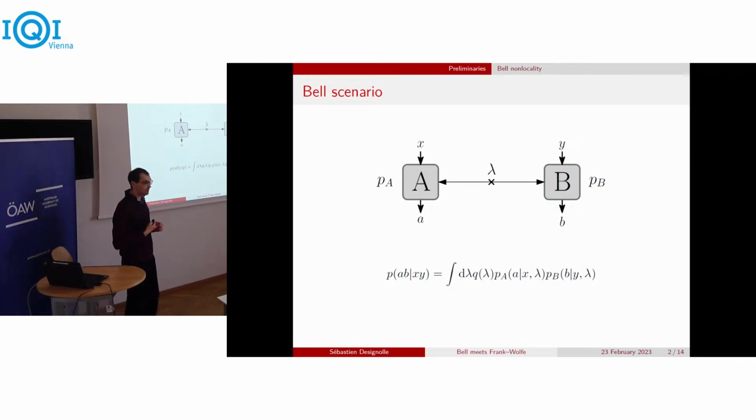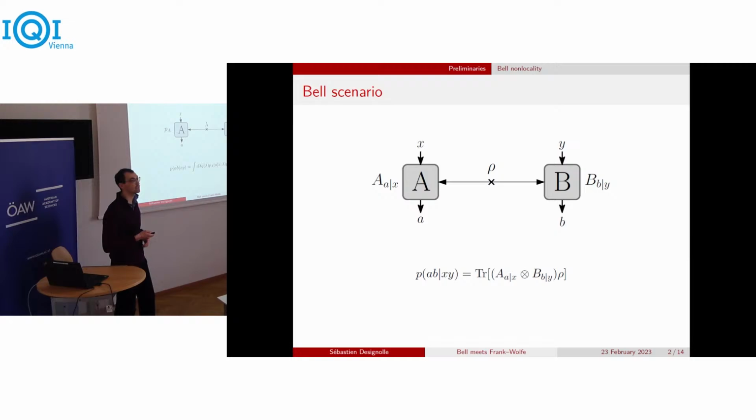If you're restricted to classical correlations, with a local hidden variable lambda and local strategies on both Alice's and Bob's side, then this is the shape that the probability takes.